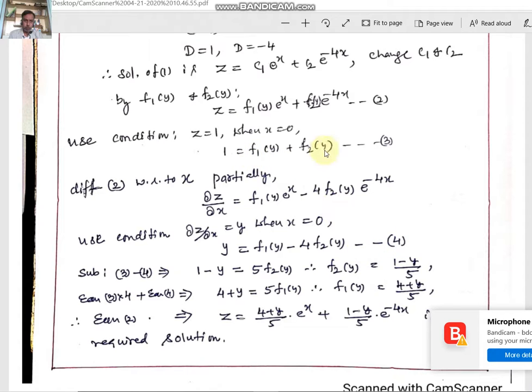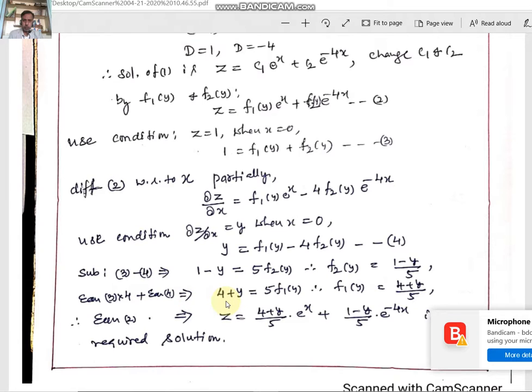Solving equation 3 and equation 4. Subtract 4 from 3: 3 minus 4 gives 1 minus y is equal to 5 times f2(y), or f2(y) is equal to (1 minus y) by 5. Similarly, equation 3 multiplied by 4, add equation 4 to that.